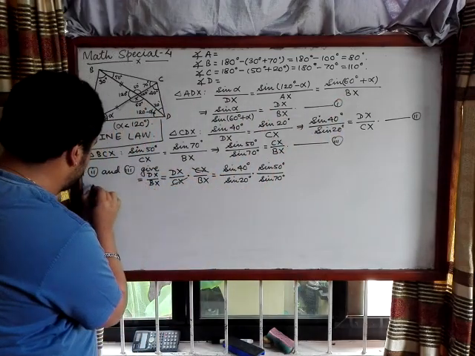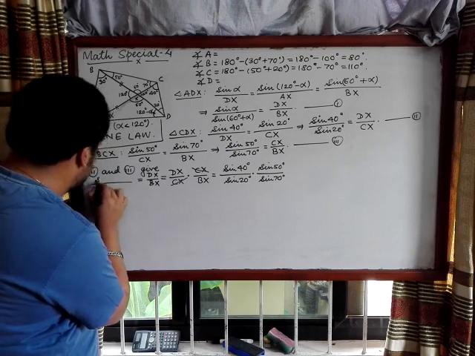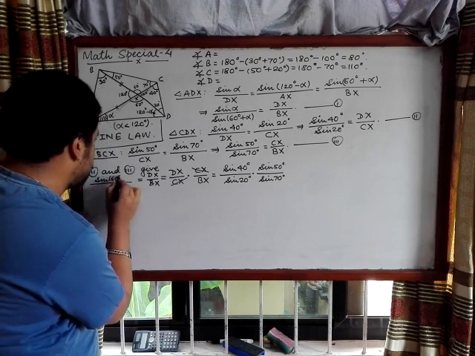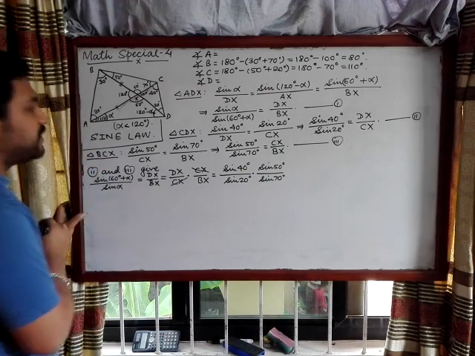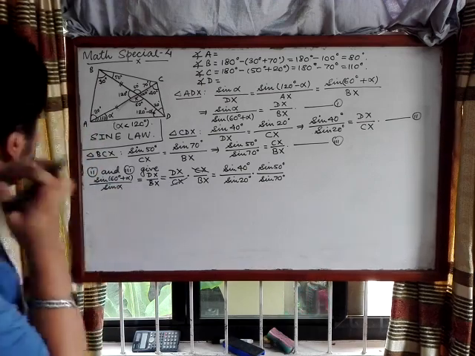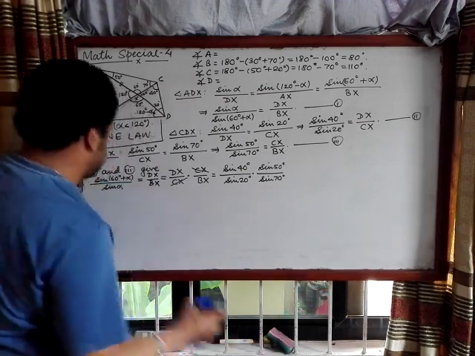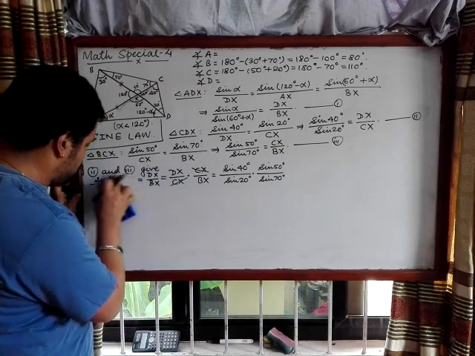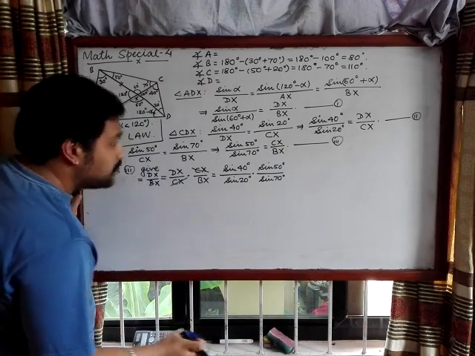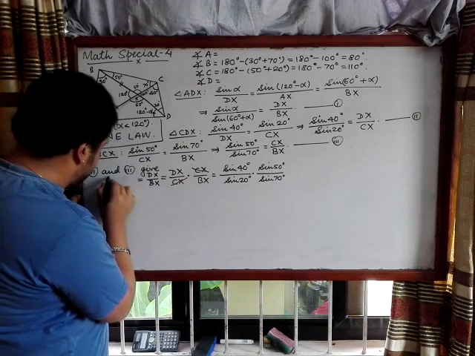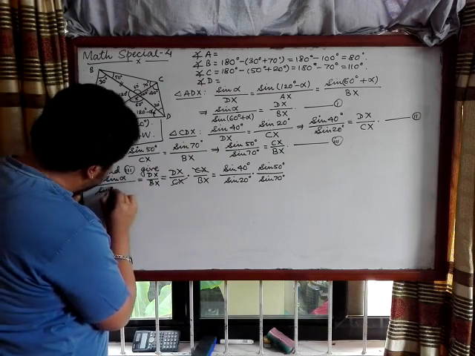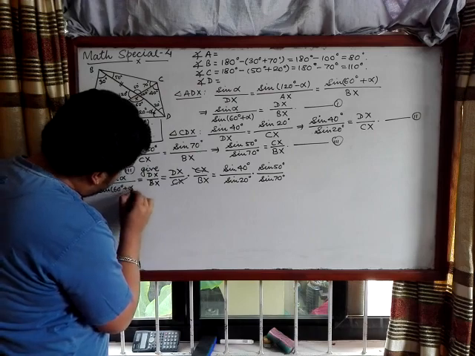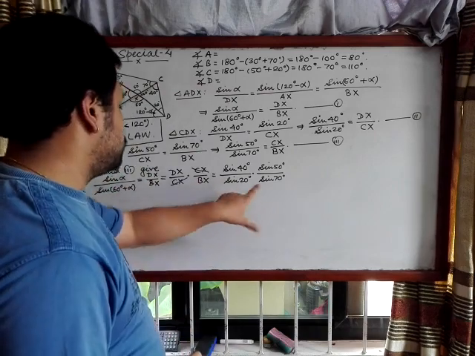So from equation 1, what we can write is sine 60 degrees plus alpha by sine alpha. Oh, sorry, that's the other way around. Sine alpha by sine 60 degrees plus alpha equals to this.